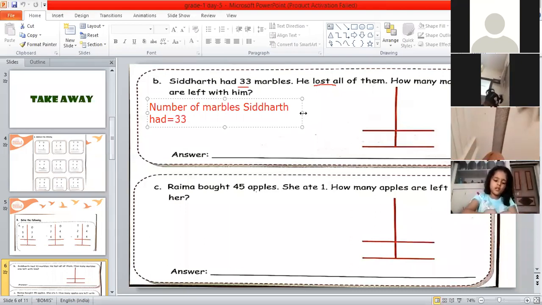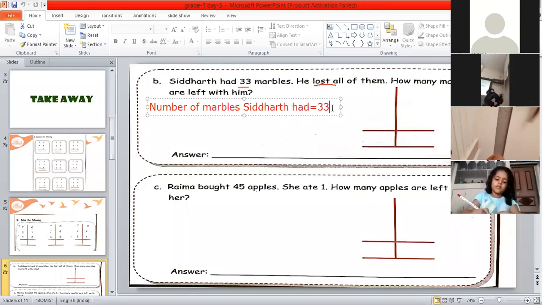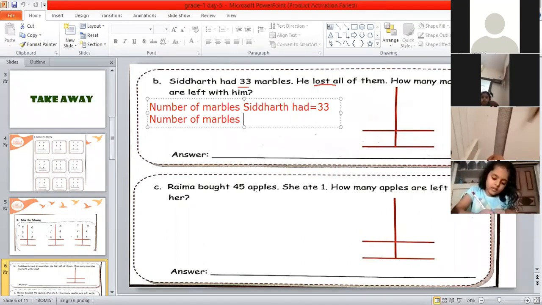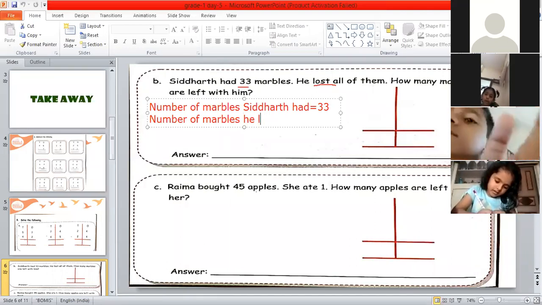Children, start writing. Come on. Number of marbles Siddharth had equal to 33. Then number of marbles he lost.